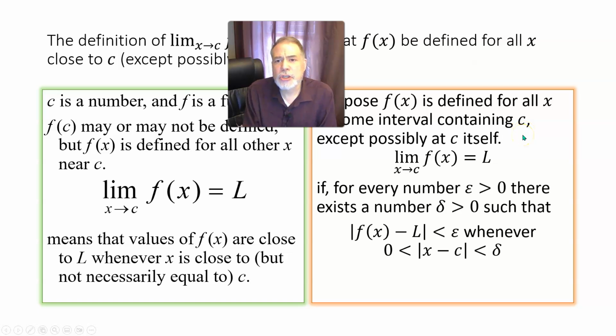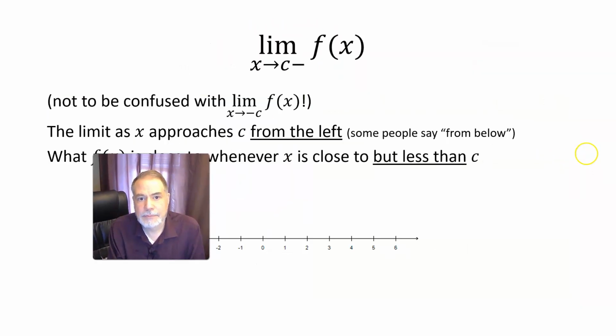So these definitions don't really apply in situations where the function is not defined for all x close to c. But if you do have a function that's defined for all x just on one side or the other, you can still talk about one-sided limits.